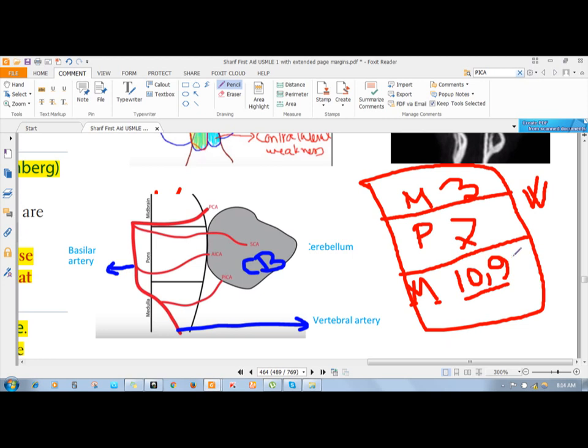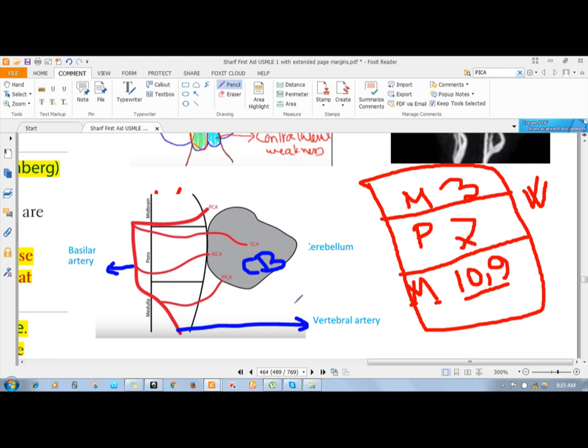Then, having this primary idea, let's go a bit deeper. Whenever you have this cranial nerve nucleus, those cranial nerve nuclei actually lie on the lateral part of your brainstem. There are very few cranial nerve nuclei that lie in the medial part of the brainstem. Most of the cranial nerve nuclei lie on the lateral part of the brainstem, and that's also a very important idea.